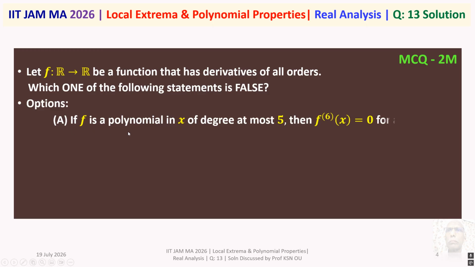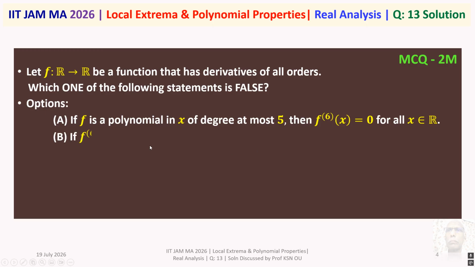Option A: if f is a polynomial in x of degree at most 5, then the sixth derivative of f is equal to 0 for all x belongs to R. It's a very straight question, very simple. Yes.